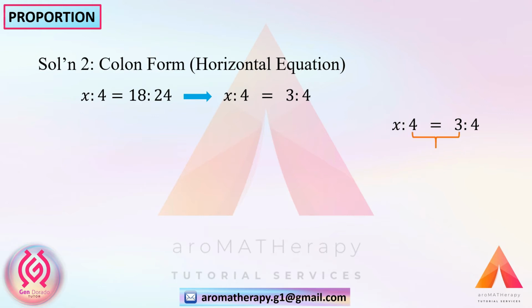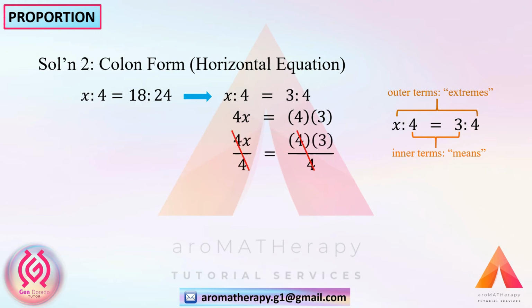We need to equate the product of their means or the inner terms and their extremes or the outer terms. So here we have 4x is equal to 4 times 3. Again, we need to divide both sides of the equation by 4. Cancel, so we get x is equal to 3.